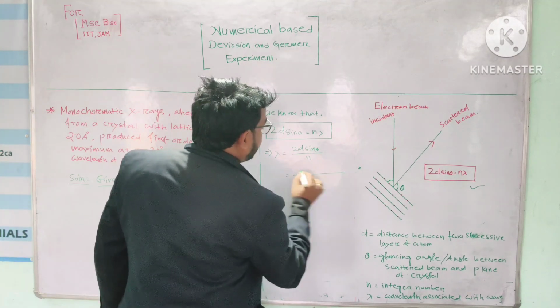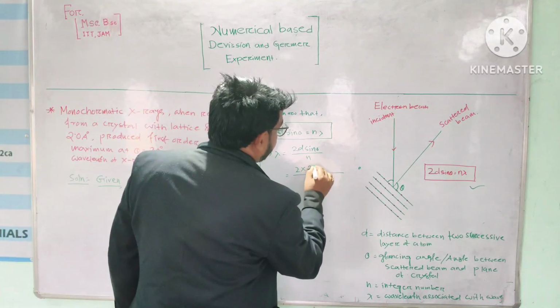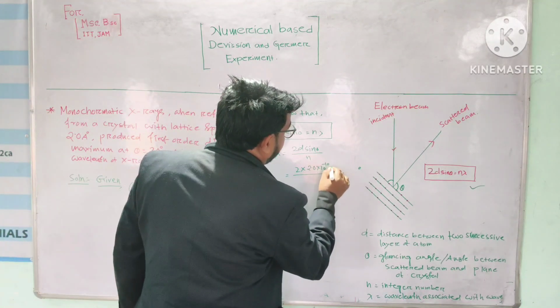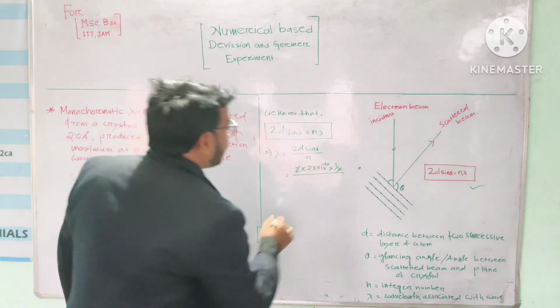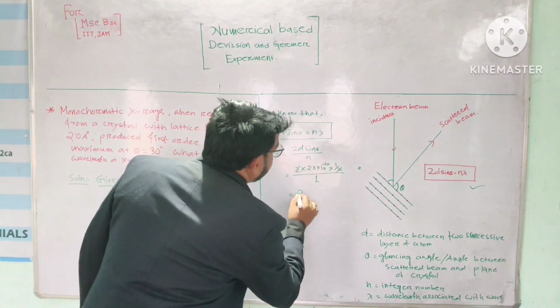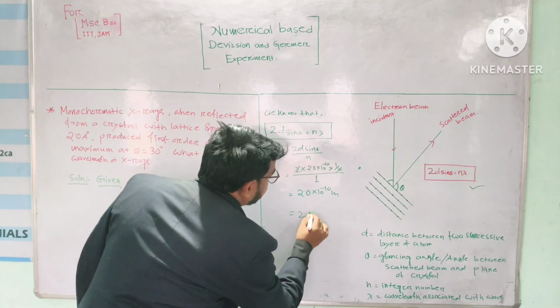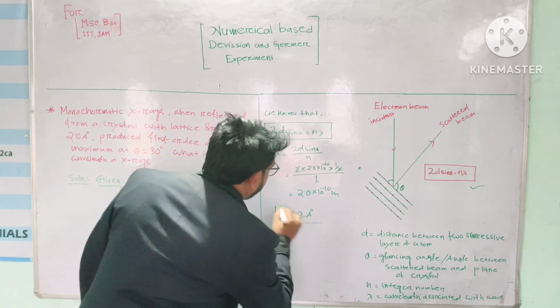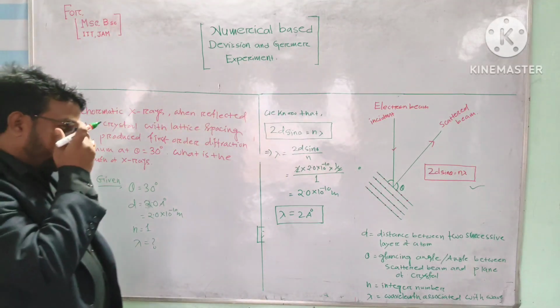Okay, 2 into d equals 2.0, that means 2.0 into 10 to the minus 10, and sin 30 degree is equal to half. 2 and 2 cancel each other, and divided by n equals 1. So finally we can write 2.0 into 10 to the power minus 10 meter, and this is equal to 2 angstrom. Okay, so our required wavelength is lambda equals 2 angstrom.